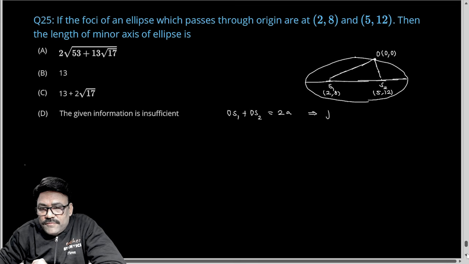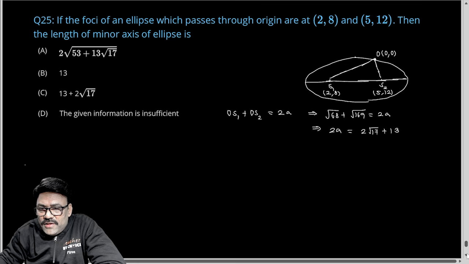OS1 is under root 4 plus 64, root 68. OS2 is root 169. It is 2a. So this gives you 2a is equal to 2 root 17 plus 13.